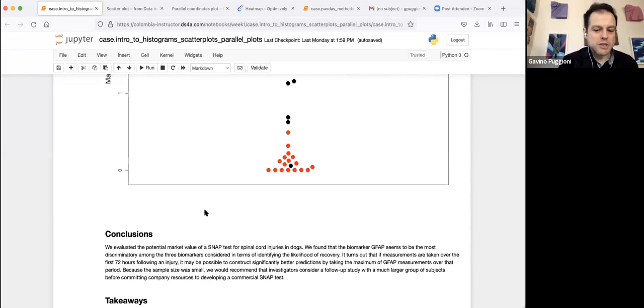Because the sample size was small, we would recommend that investigators consider a follow-up study with a much larger group of subjects before committing company resources developing a commercial SNAP test.